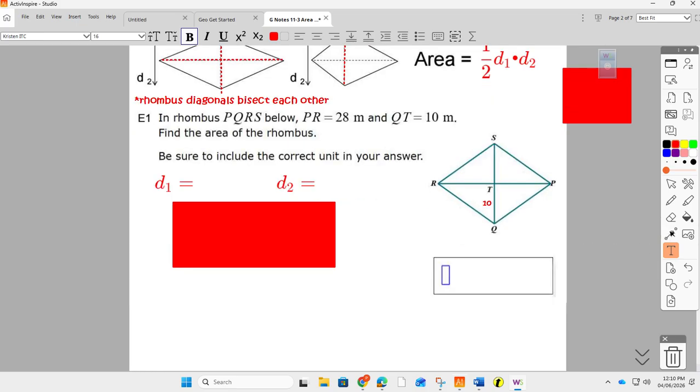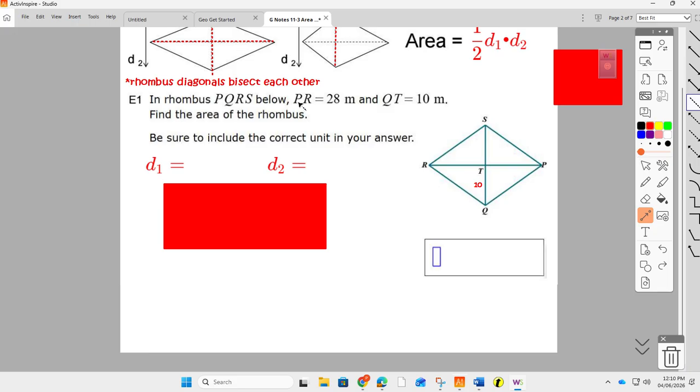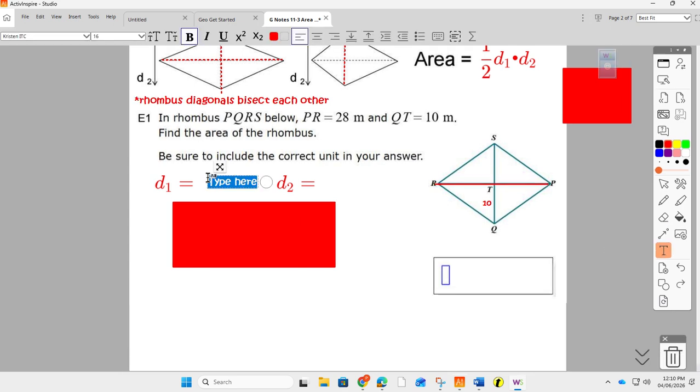So diagonal 1, we could call PR. We know that diagonal 1 is PR. We could call it diagonal 2, but we're going to do that one first because that one's a given. So we know that that one's 28.